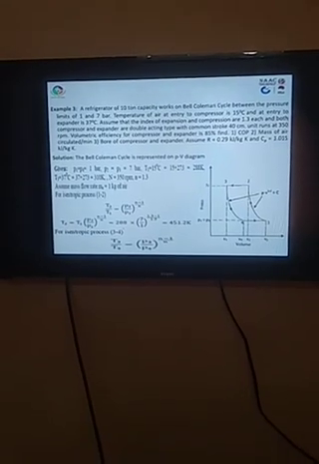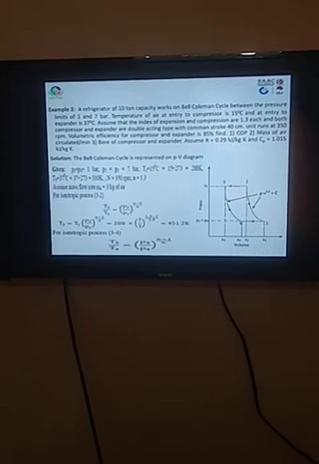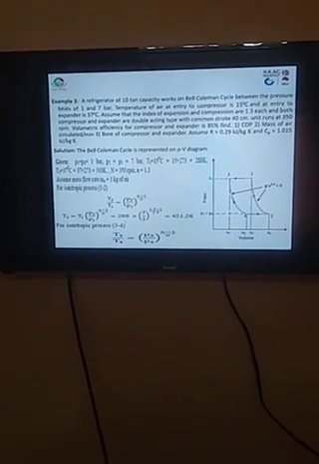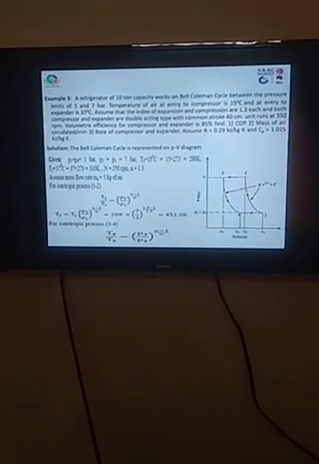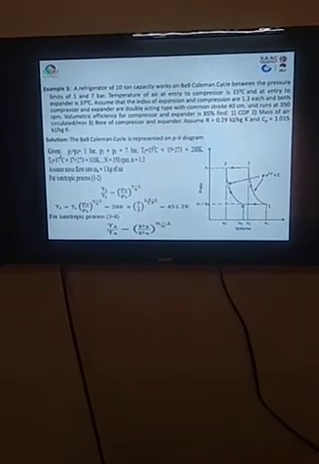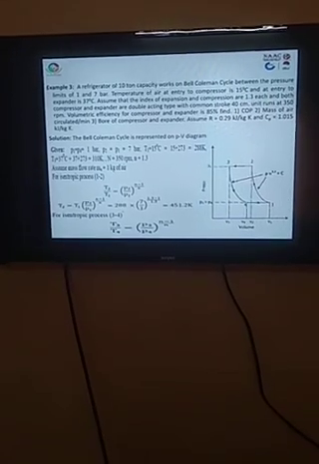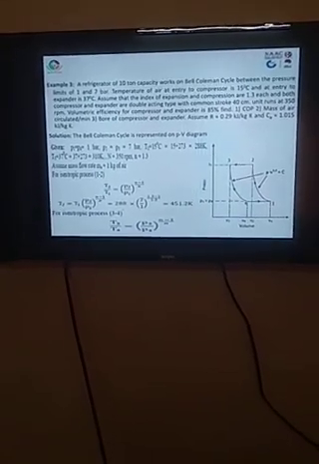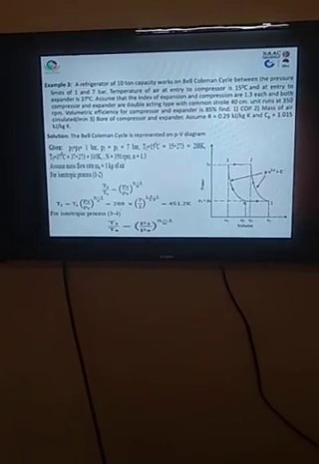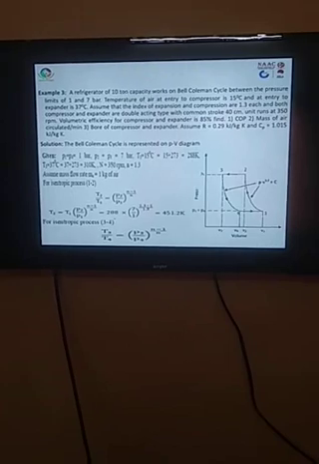The given data for the example is like this: the entry point pressure P1, which is equal to P4, is 1 bar, and P2, P3 is 7 bar. Then temperature initially T1 is 15 degrees centigrade. After converting into Kelvin, it is 288 Kelvin. Then T3 temperature is 37 degrees centigrade, so its final value in terms of Kelvin is 310. The speed is 350 rpm.